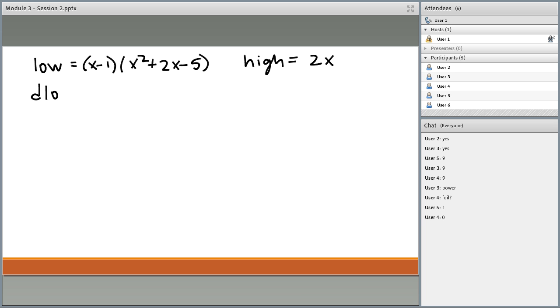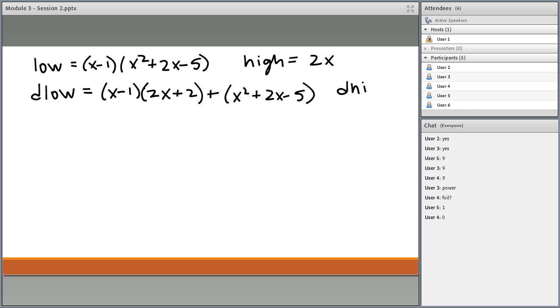And then d low we just found using the product rule. And we got x minus 1 times 2x plus 2 plus x squared plus 2x minus 5, technically times 1. And d high equals 2.